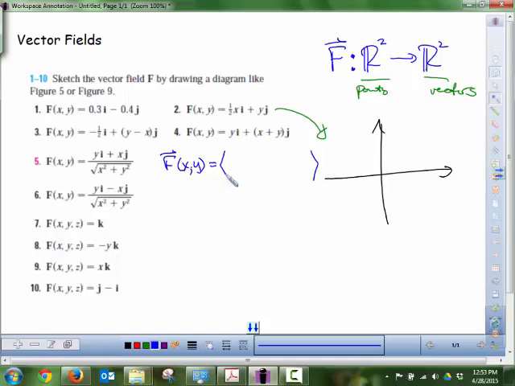Each of these two components can be labeled, let's start with P, and Q. Both P and Q are functions of x and y. Any of those functions that we studied in chapter 14 can be good candidates for these components of this vector field. Okay?